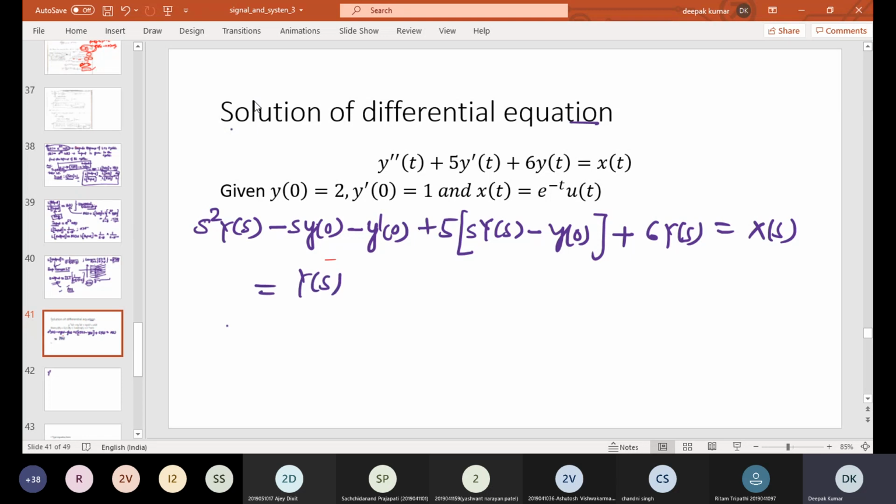Take the common and try to find the ratio of this. Do this.